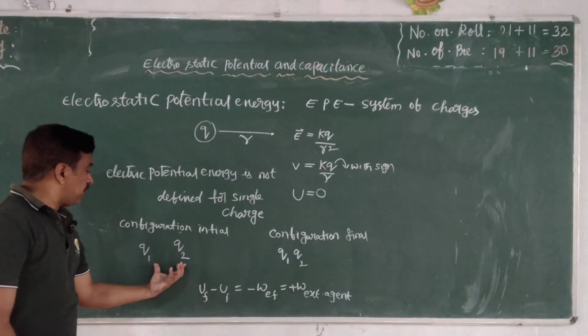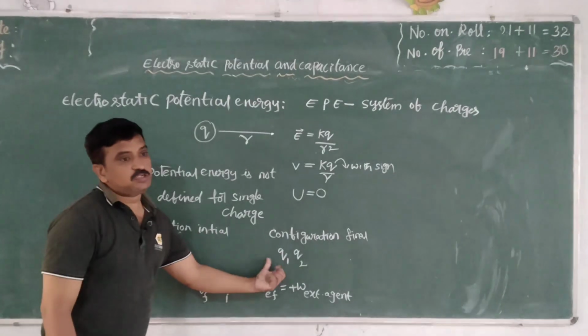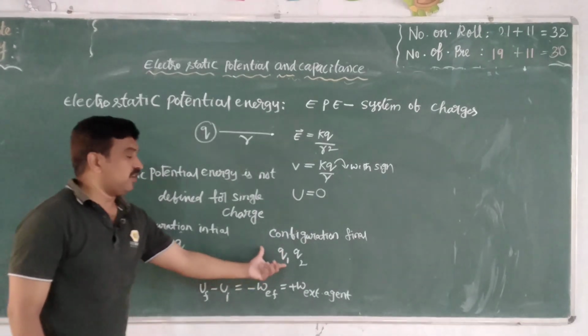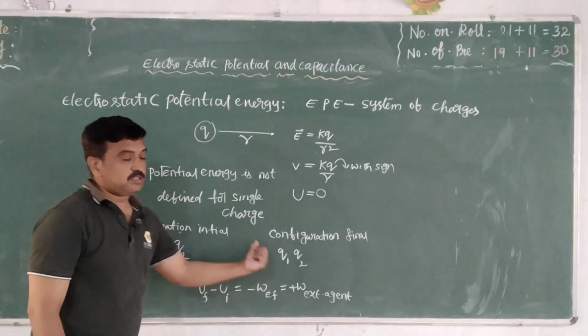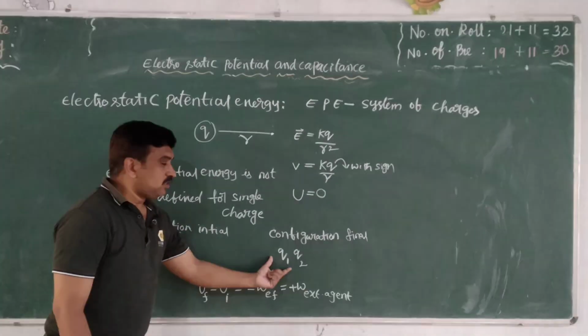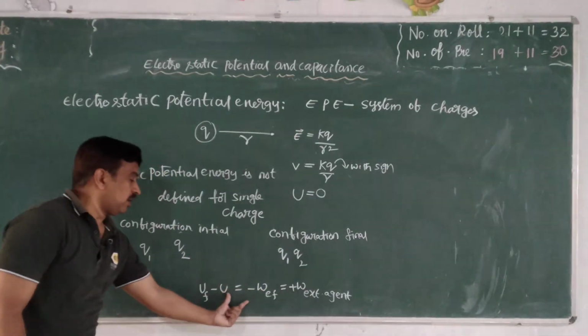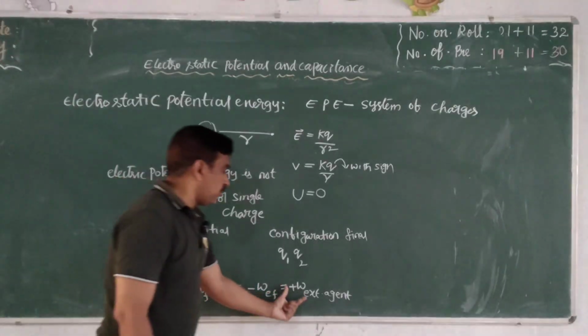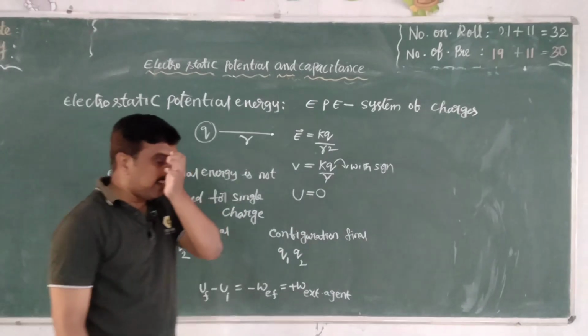So the configuration changes from this configuration to this configuration. This configuration has the final potential energy and that configuration has the initial potential energy. So the change in potential energy we can write as the negative of the work done by the electric force, or the positive of the work done by an external agent.